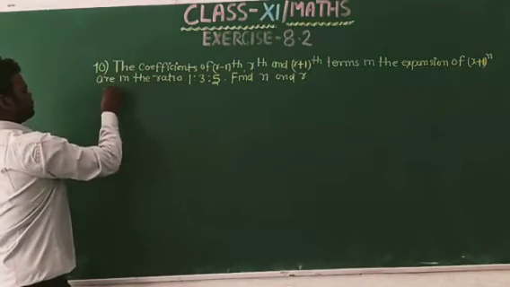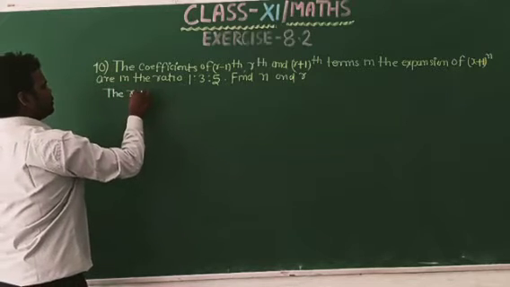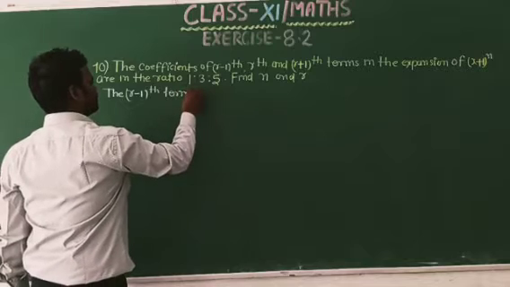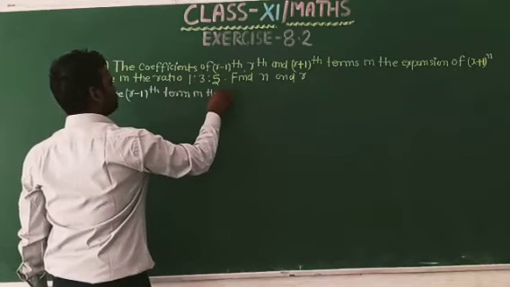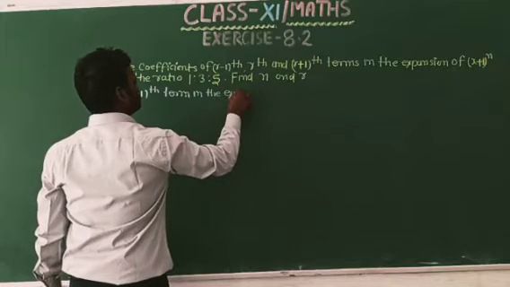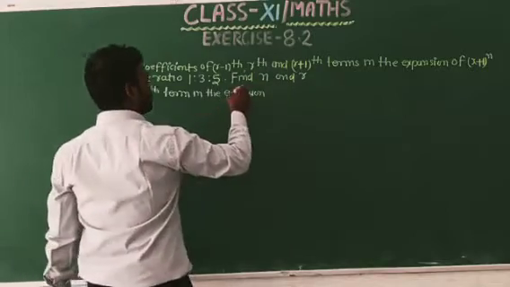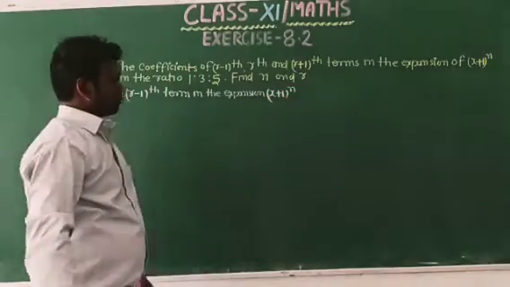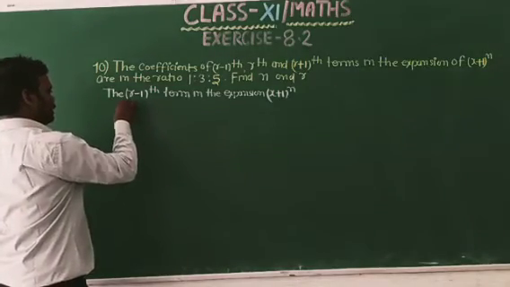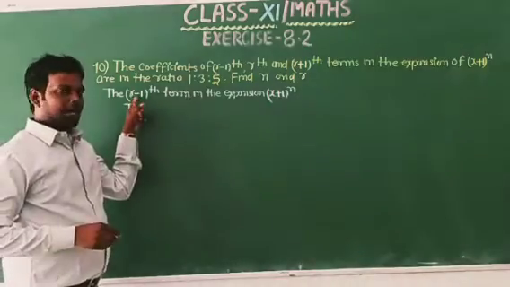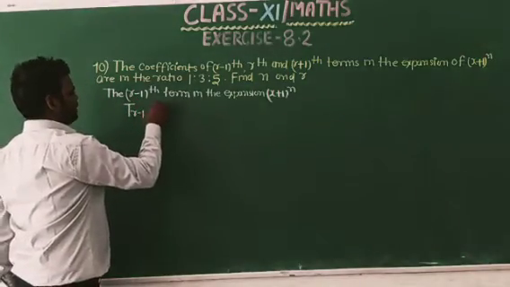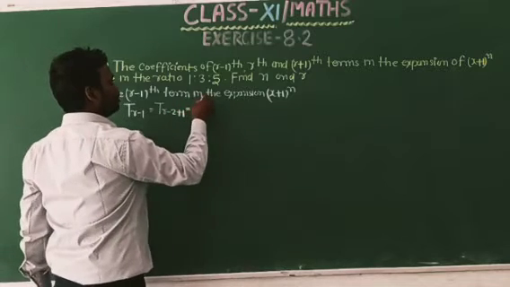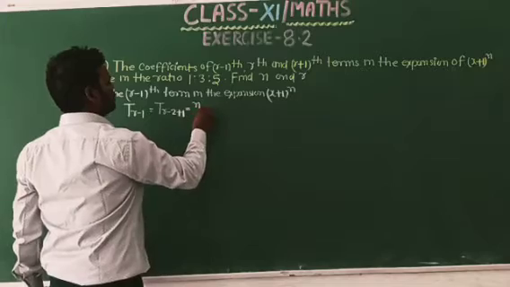For the (r minus 1)th term in the expansion of (x plus 1)^n, t(r minus 1) can be written as t(r minus 2 plus 1), which is equal to nC(r minus 2).